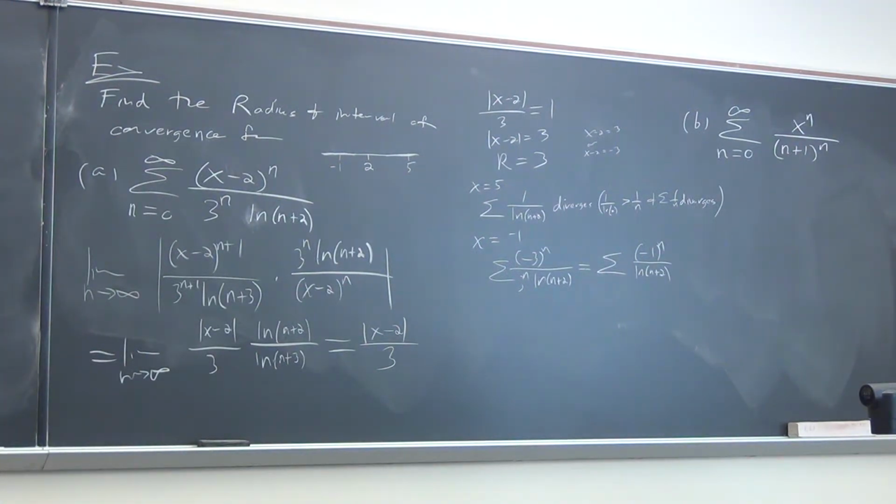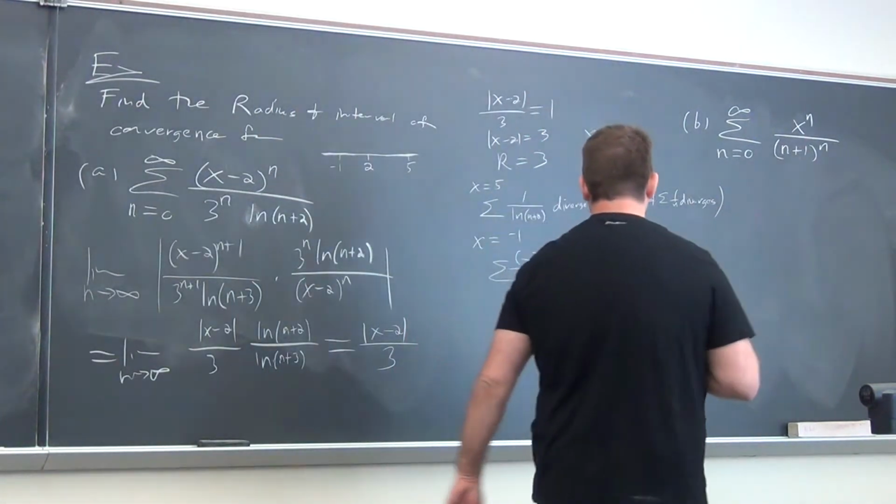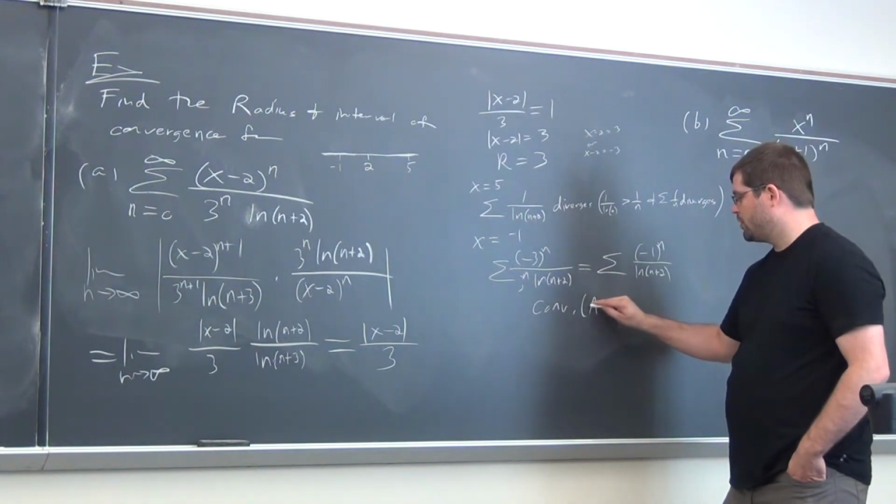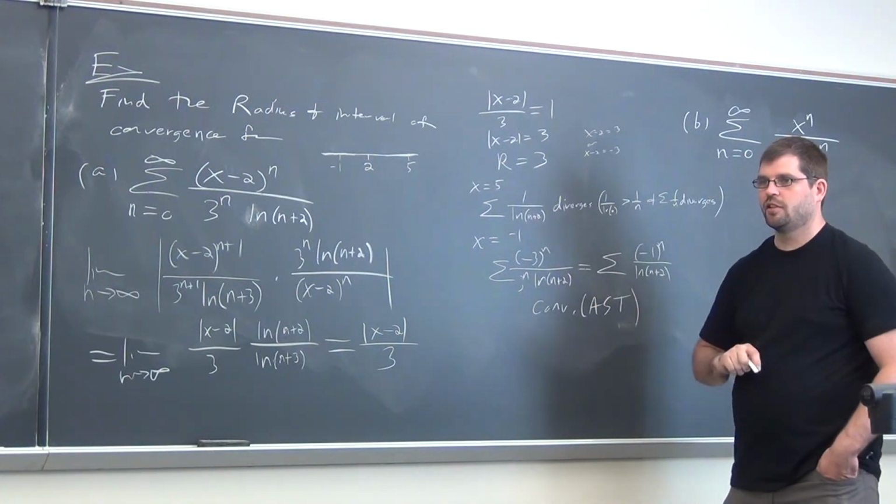So what kind of series is left? Negative 1 to the n over log of n plus 2 is an alternating series. The terms go to 0, they're decreasing, and so it converges by the alternating series test.